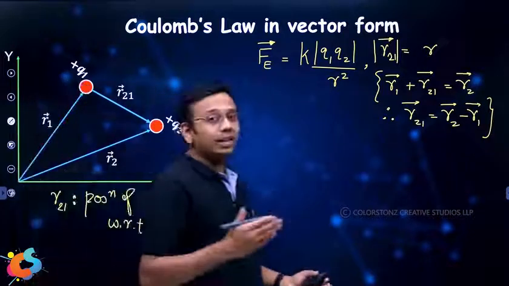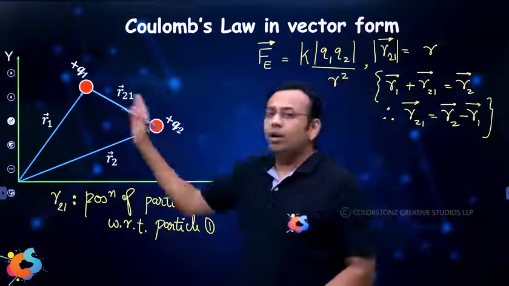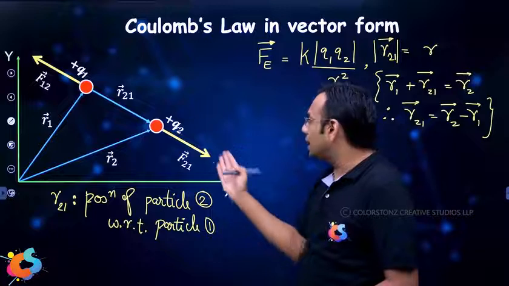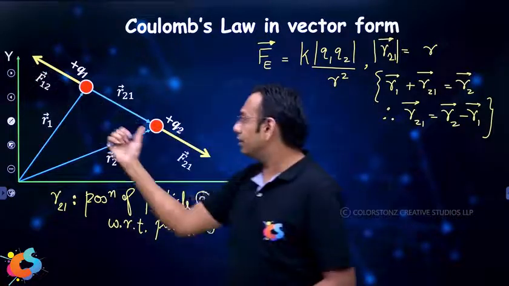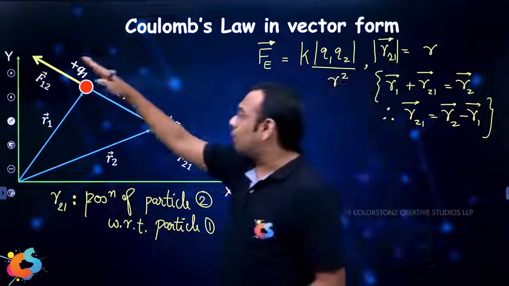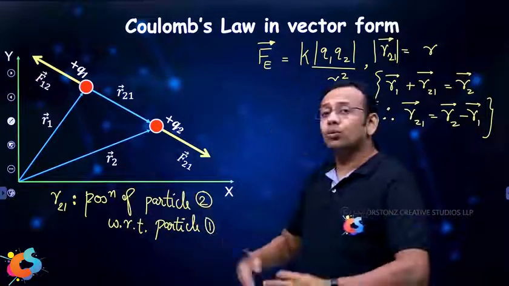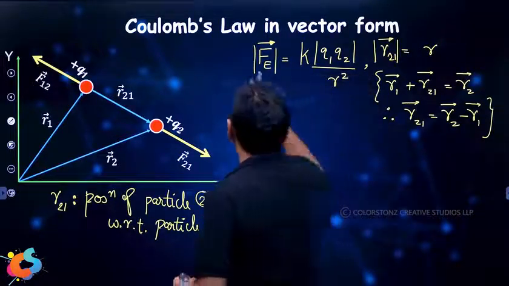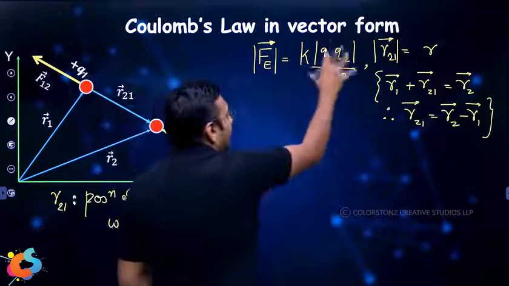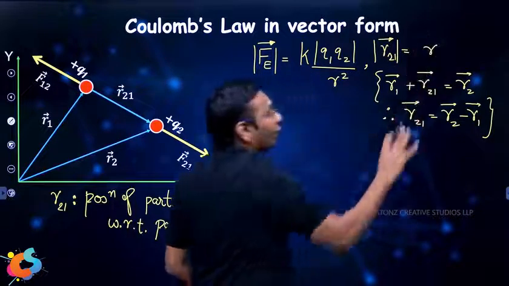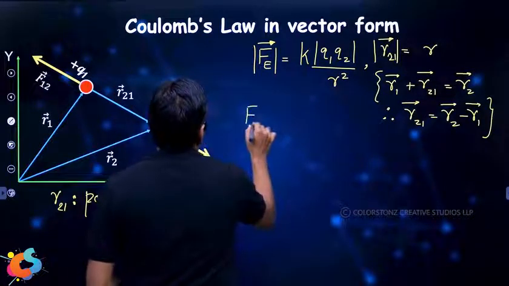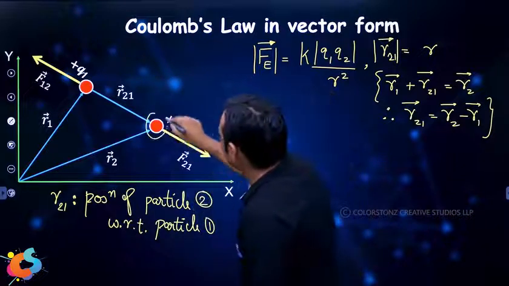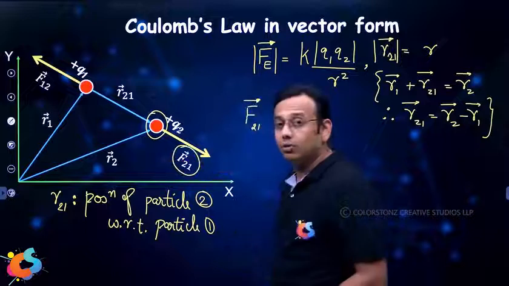Now, if we talk about the forces, then for like charges, once again, the force is going to be repulsive. The forces are going to be like this. This is F12 vector, this is F21 vector. Force on 1 due to 2, force on 2 due to 1. So I'm saying that the magnitude of this force can be written in terms of this R21 vector. Let's say we are talking about the force on charge 2. We want to find this F21 vector.